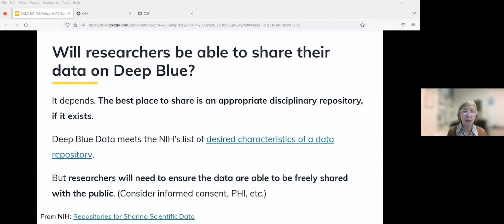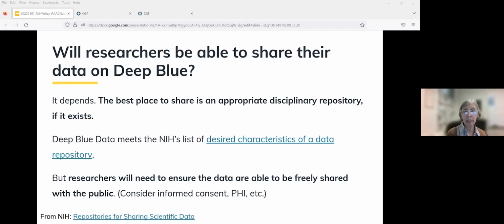But there are other repositories like the ICPSR repository and Deep Blue, which meet NIH's desired characteristics of a data repository. ICPSR was designed initially for social science research, so for that question that involved a lot of interview data, they might be a good place to at least talk to, and they are very careful and exclusive about different ways that they share data.